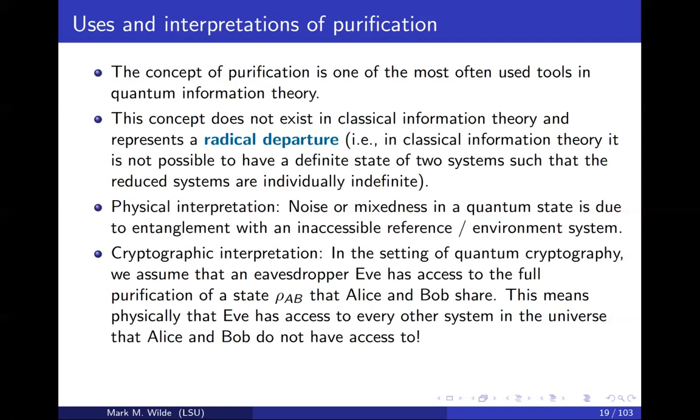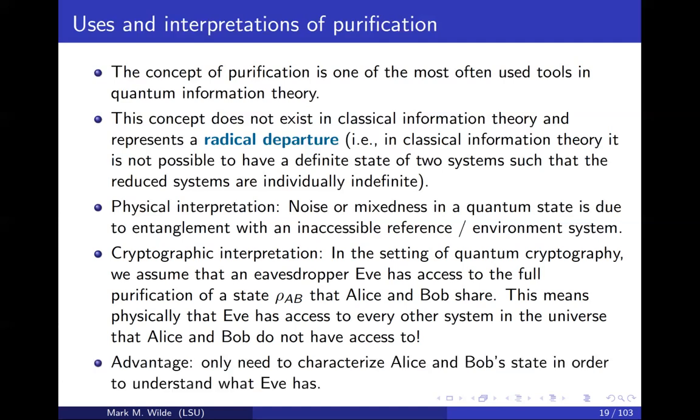Eve has access to every other system in the universe that Alice and Bob do not have access to. It's a very strong assumption, and it's part of the reason that quantum cryptography is viewed as, in principle, totally secure. But it's difficult to actually build these systems in practice.